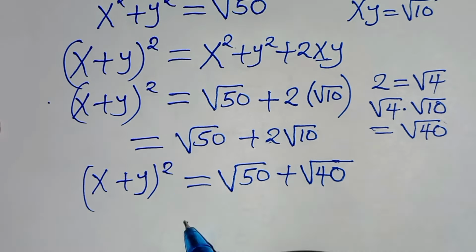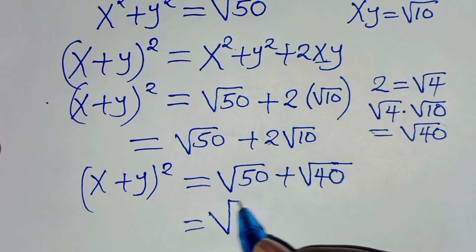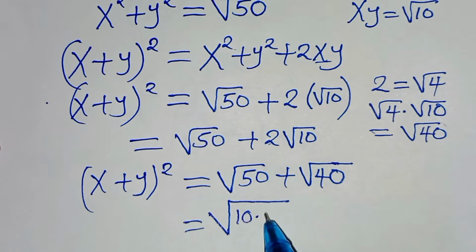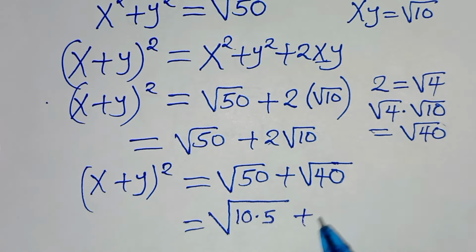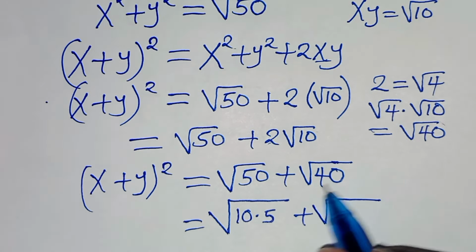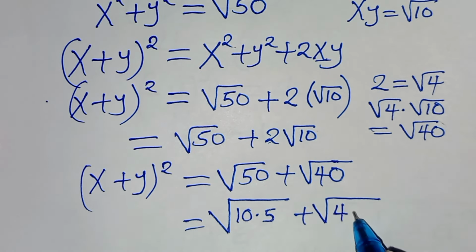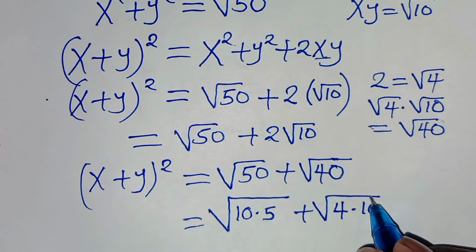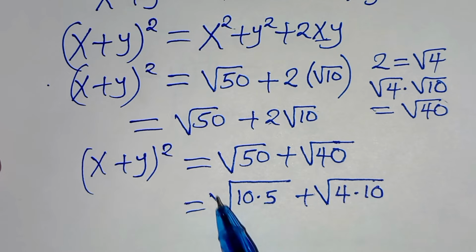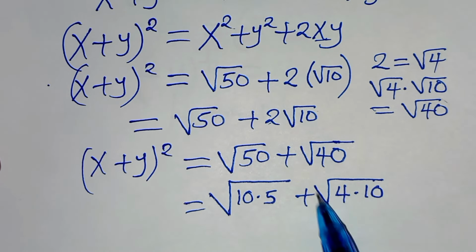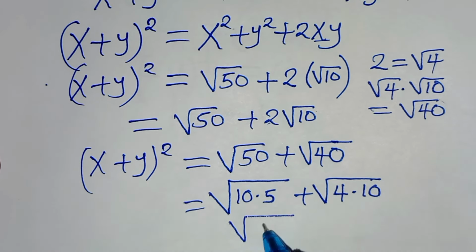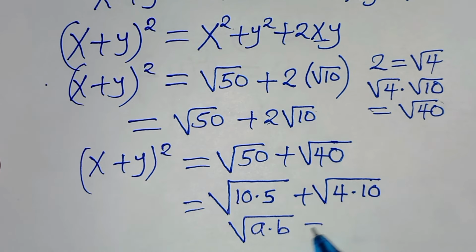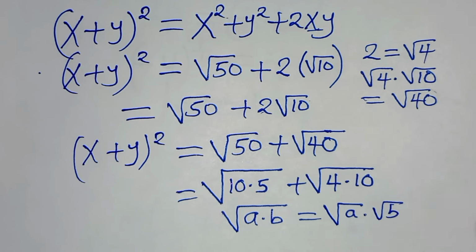Now, the next step from here, we can express square root of 50 as square root of 10 times 5, then plus square root of 40, which we can express also as 4 times 10. And you find that square root of 10 times 5 and square root of 4 times 10 are in the form of square root of a times b, which we can express as square root of a times square root of b.